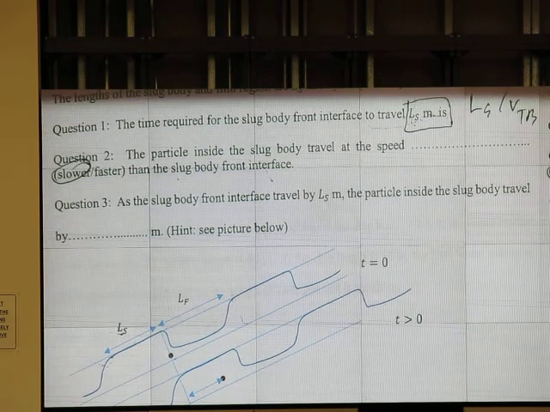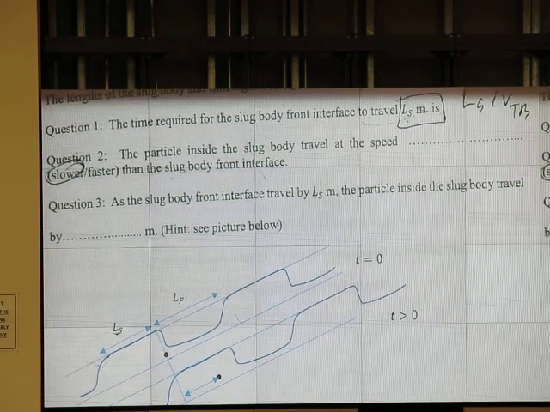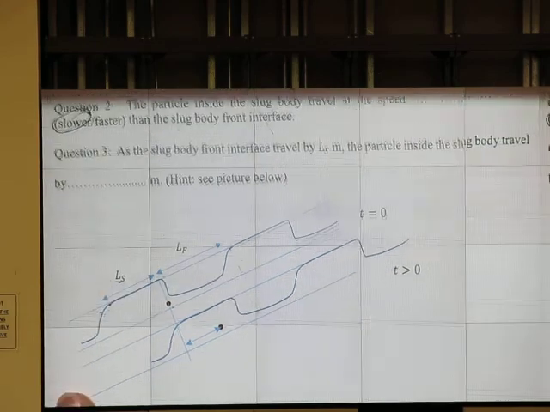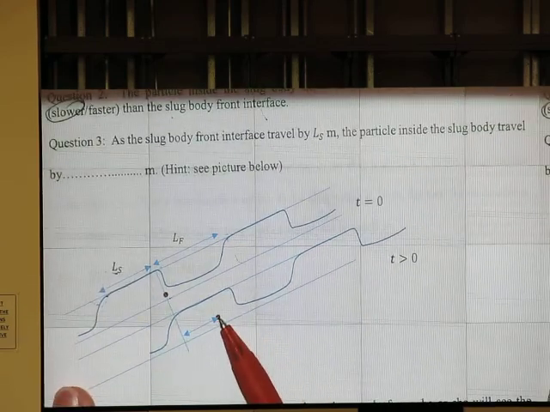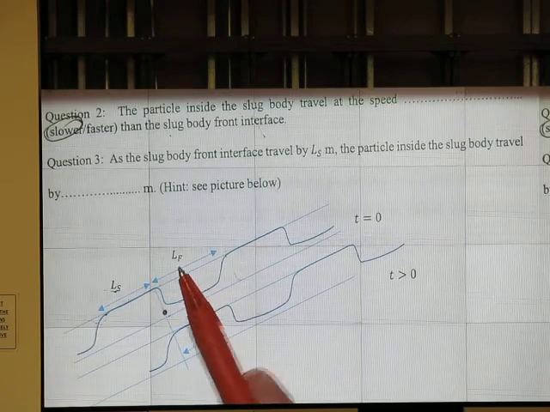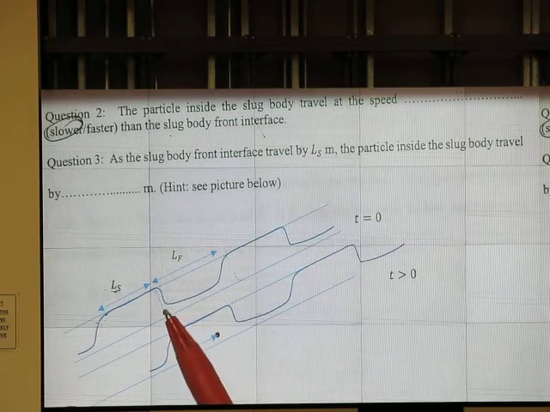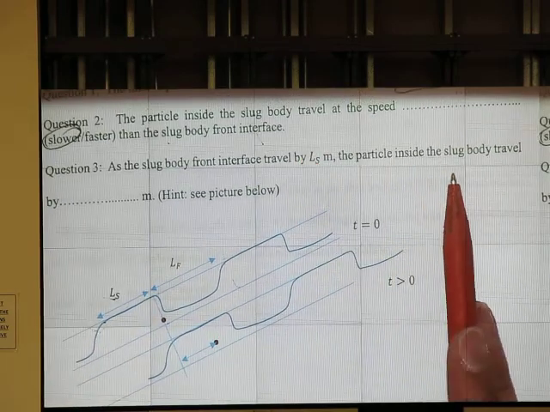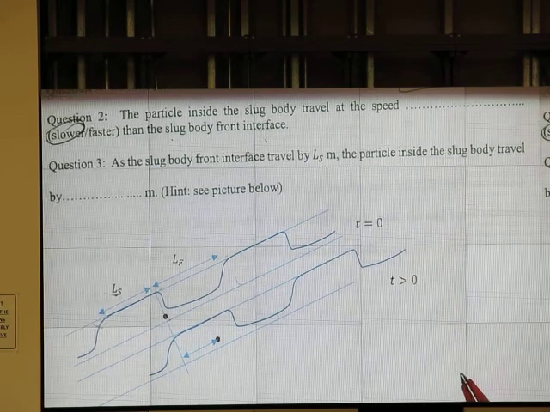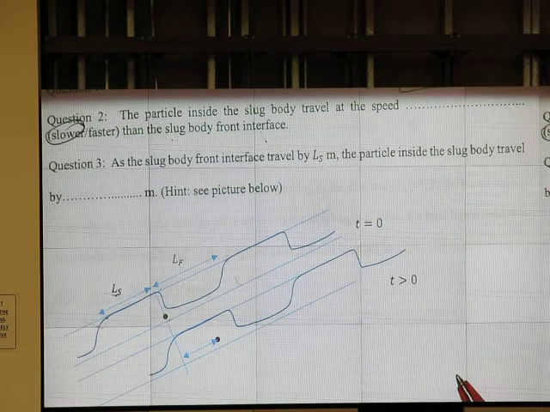Let me give you a hint. If we want to know how much the particle travels, when the front moves by Ls distance, how much time does it take?